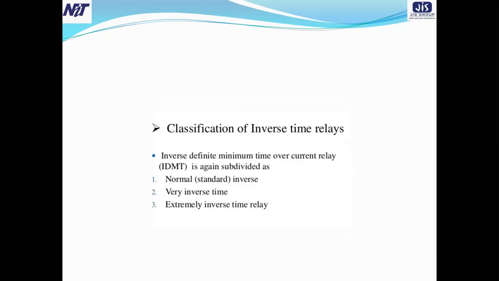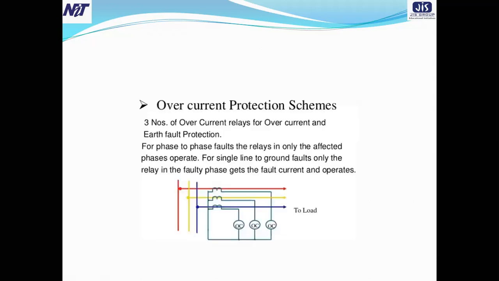First one is the standard inverse, that is, you can say the normal inverse. Second one is very inverse time, and third one is extremely inverse time relay. So these three types of inverse time relay you will find in our system. These are the three types here.